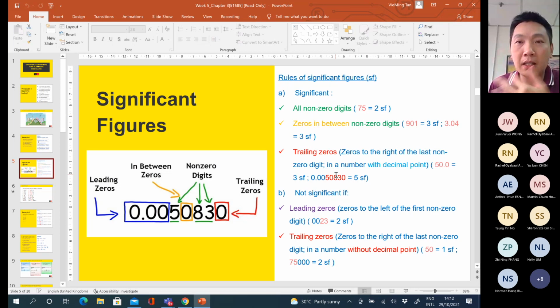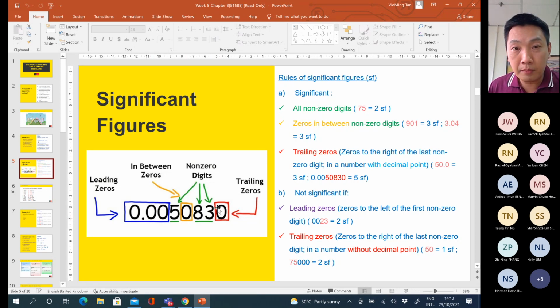Besides that, is there any other category of numbers that should be considered significant figures? Another one is trailing zeros. Trailing zeros refer to the 0 on the right-hand side of the last non-zero digit. Like for instance, this number. This red 0 is on the right-hand side of the decimal point.